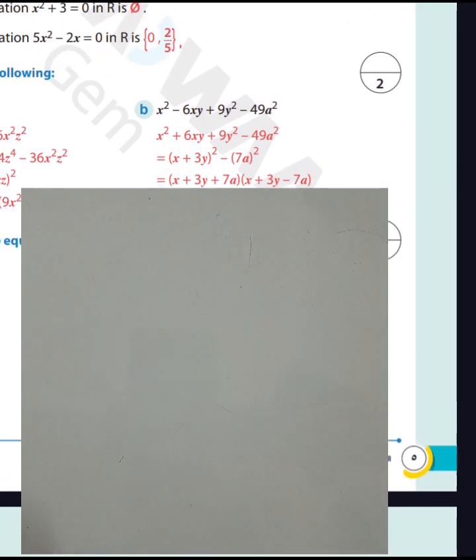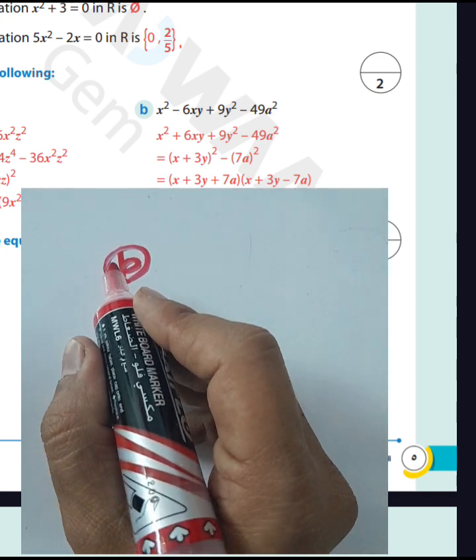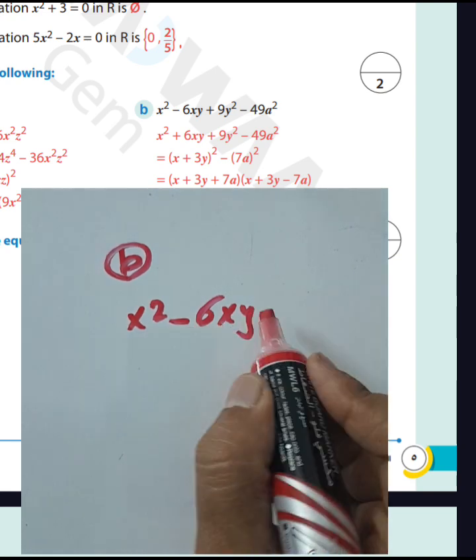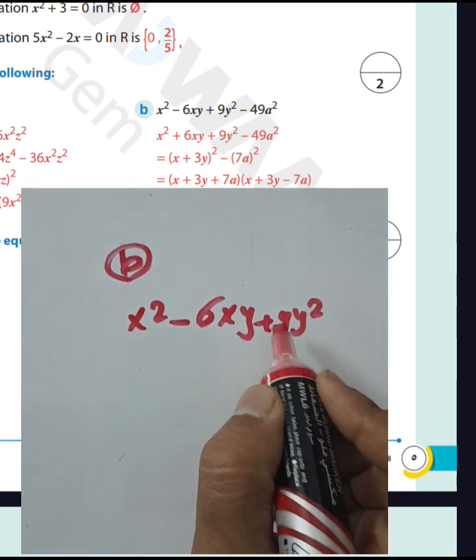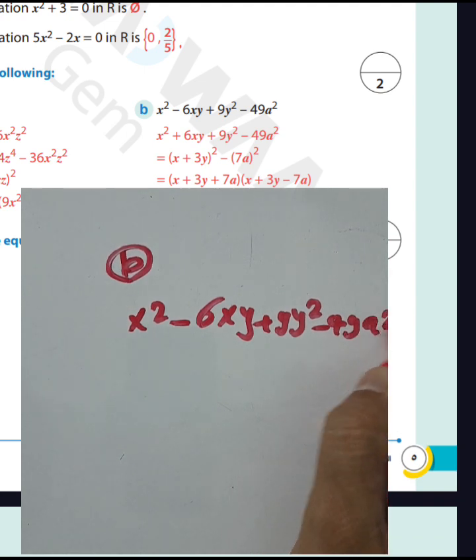Question letter B, x power 2 minus 6xy plus 9y power 2 minus 49a power 2.